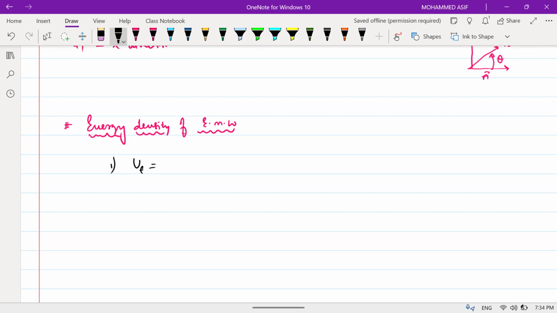UE is equal to half epsilon naught into ERMS square, or that is equal to half into epsilon naught into E naught divided by root 2, whole square. Always remember, beta, ERMS is equal to E naught divided by root 2. BRMS is equal to B naught divided by root 2.